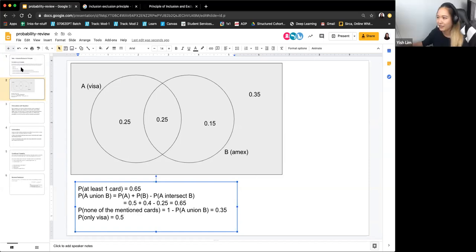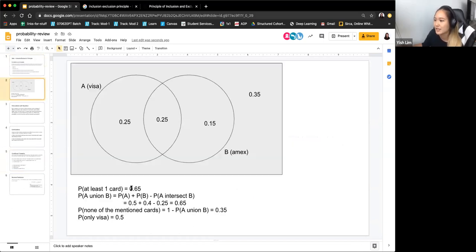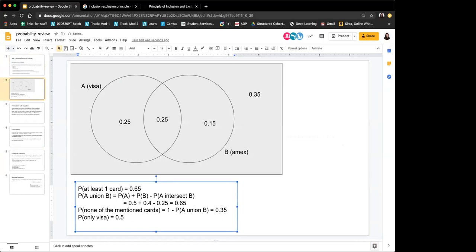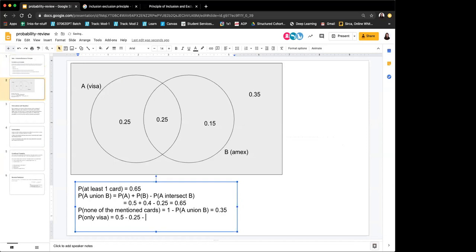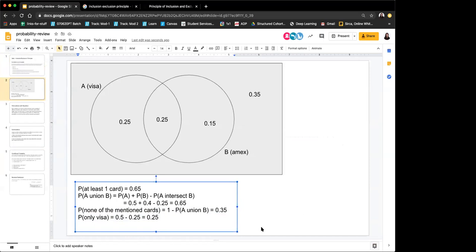So 0.5 here is a customer that owns a Visa, but part of those customers also have Amexes. What we want to do is take away that portion of people who already own other cards. Very similar to the calculation at the very start, 0.5 taking away 0.25, which is 0.25. But of course, because we already labeled this diagram, we don't really need to do this calculation by excluding the people who also have other cards.